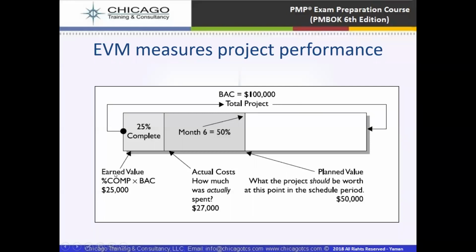To calculate the earned value at 25% complete, we multiply 25% by the budget at completion, the project value of $100,000, which gives us an earned value of $25,000. Here the actual cost is what was actually incurred, which is $27,000, and the plan value at the end of 6 months, since this is 50% of the time, is 50% of $100,000, which is $50,000.